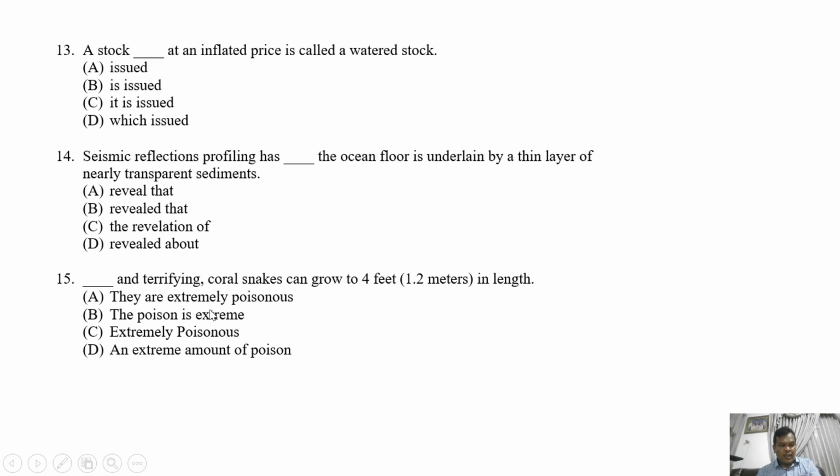Now, there's no conjunction in the options, so A and B are incorrect because both contain a verb, are in A and is in B. Only 2 options are possible, C and D. Now you see that option D contains an extreme amount of poison. It means that it is a noun phrase. It is a subject. In fact, we don't need a subject anymore because we already have coral snakes as the subject. So, the best answer goes to C.